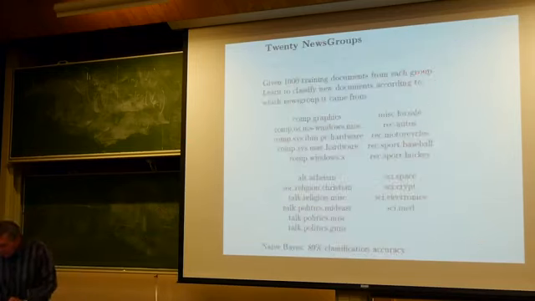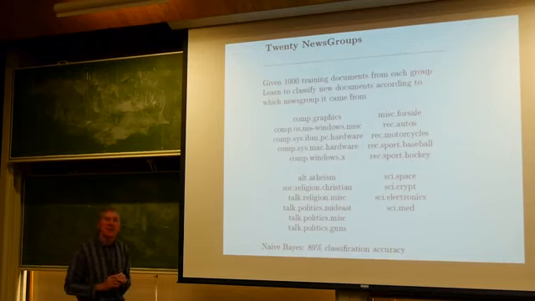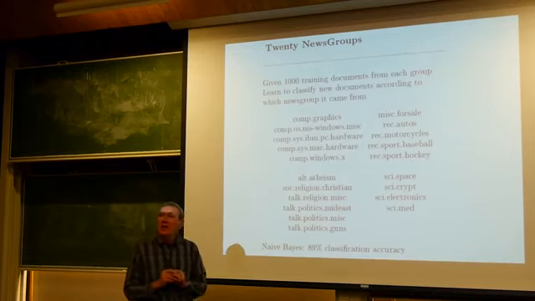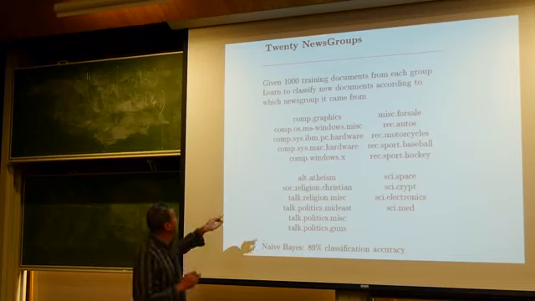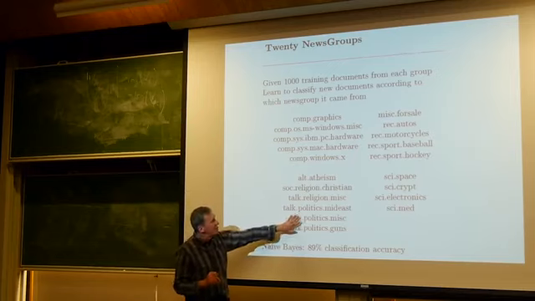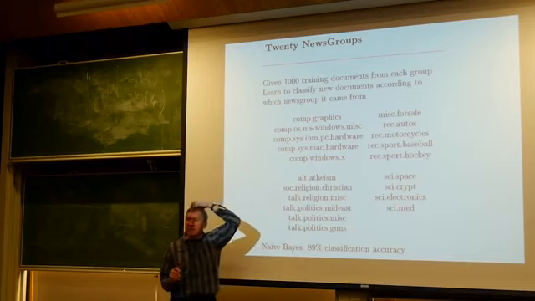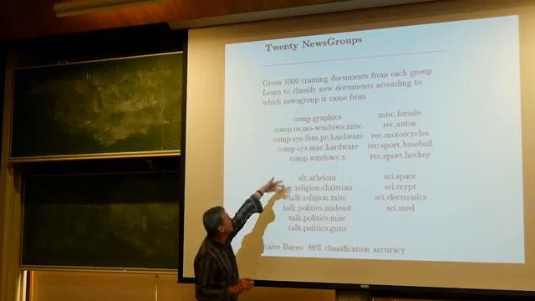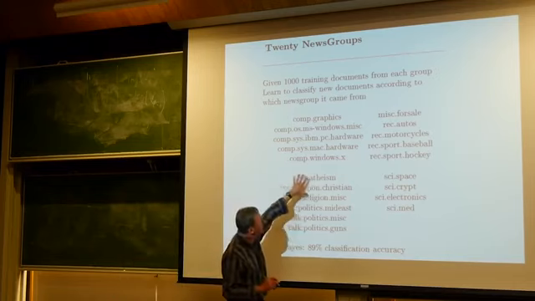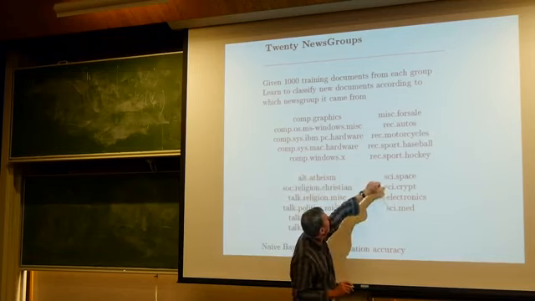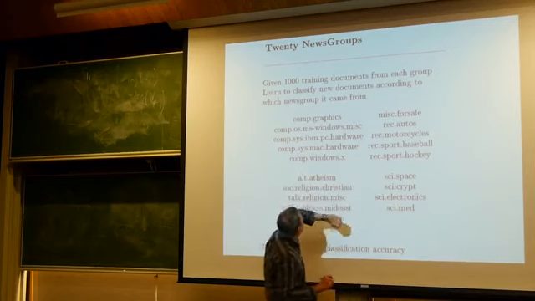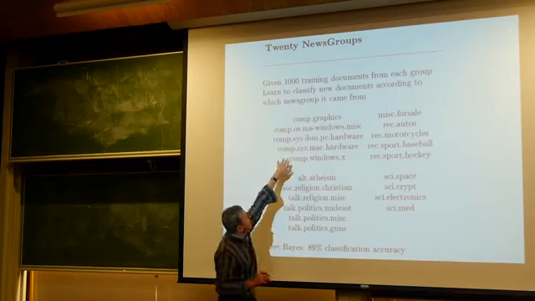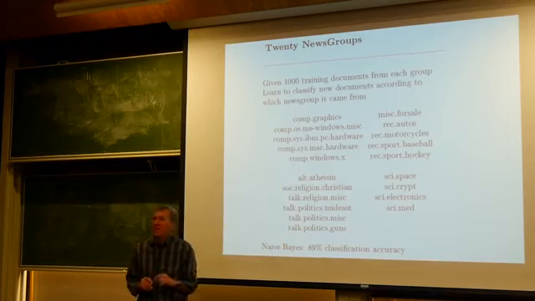All right, so does this work? In fact, it does. Here's an experiment that we did where we had newsgroup articles in 20 different newsgroups. Pretty diverse, but they kind of fell into religion-based ones, techno, and computery ones.